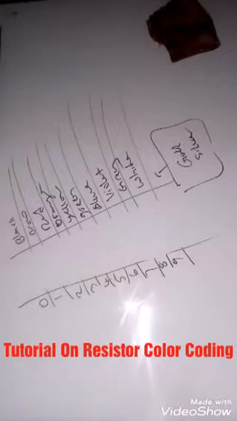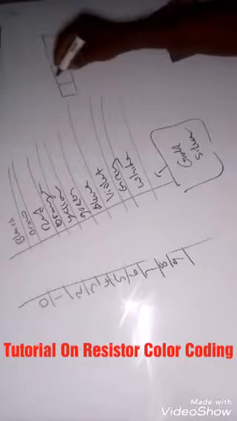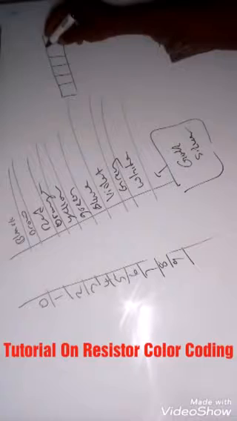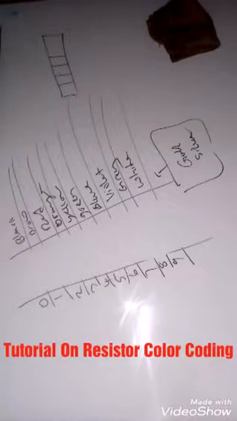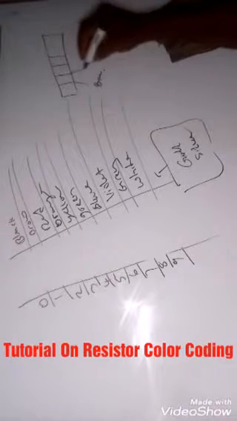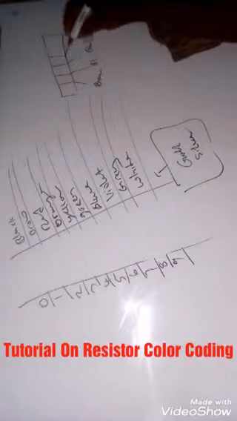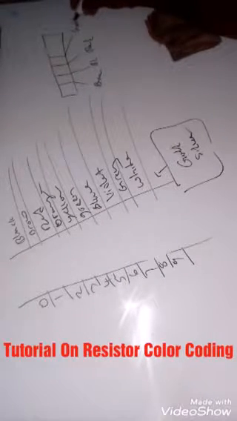Let's say for example we have a resistor that has 4 colors on it. The first one is brown, second black, the third red, and the fourth is gold.